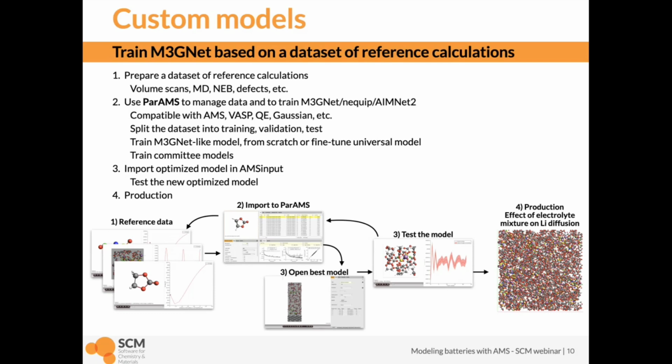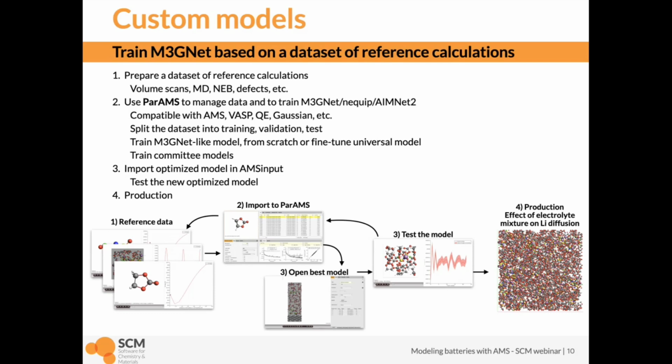The procedure would be to first start by making a data set, so some reference data that you've calculated with, for example, DFT. This data would include some molecular dynamics simulations, volume scans to capture the different lattice parameters, nudged elastic band or PES scans, and defect calculations. So you have to build this whole data set.